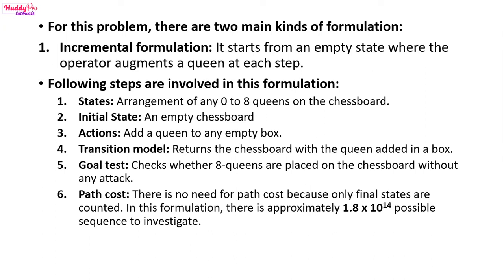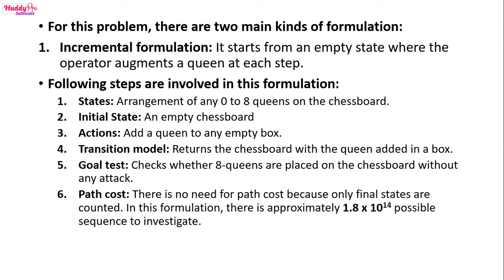We have states. Here you arrange the queens from 0 to 8, because there are 8 queens on the chessboard. So those are the states. Then the initial state is an empty chessboard. Then the actions are what you do when you are adding the queens to an empty box.